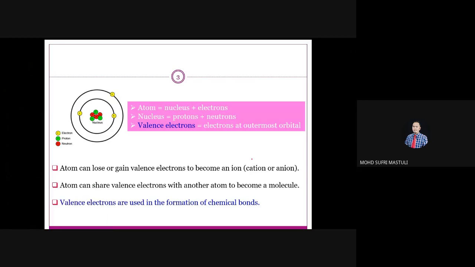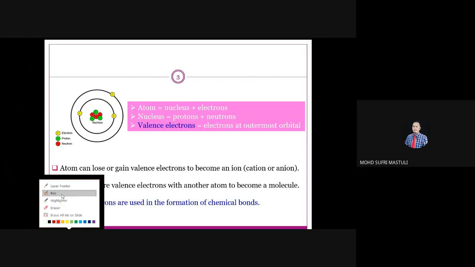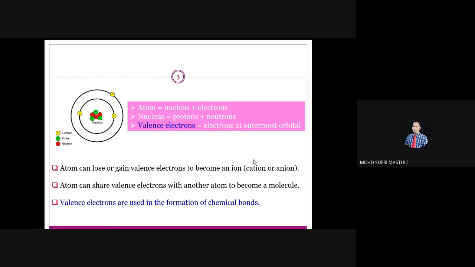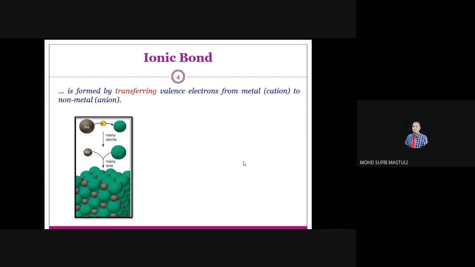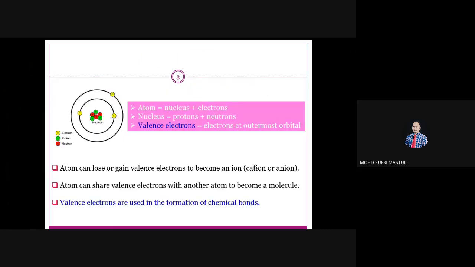Cation is the ion with a positive charge, and anion is the ion with a negative charge. This is positive charge. This is negative charge.